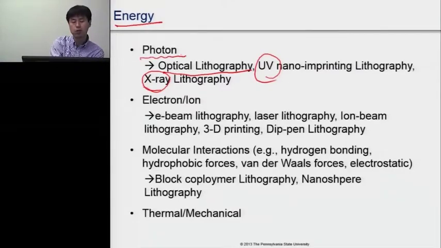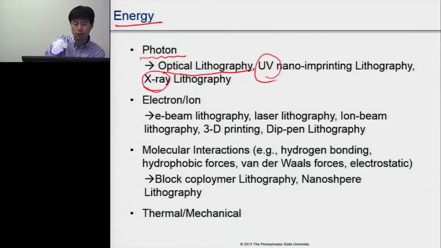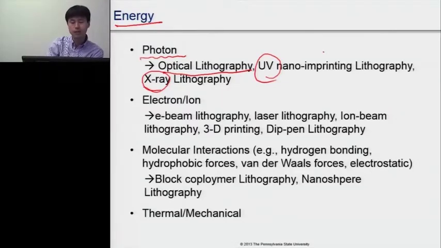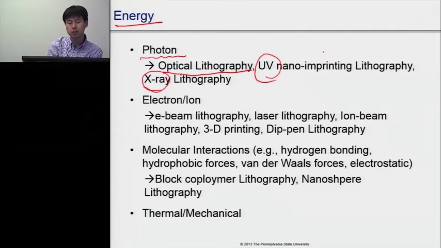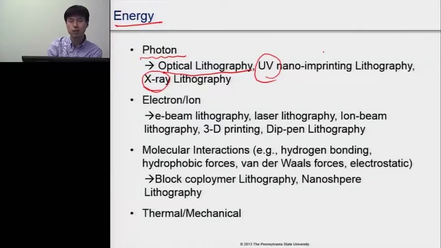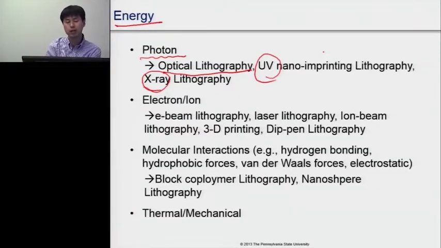Those photons pass through the physical masks, where some areas are covered by non-transparent materials and some areas are transparent. Using those transparent and non-transparent areas, we can transfer the pattern.